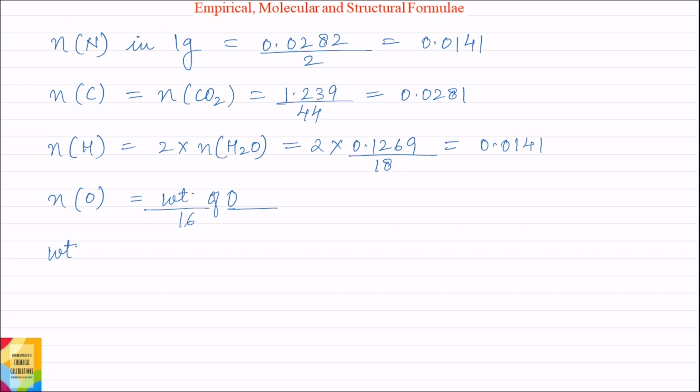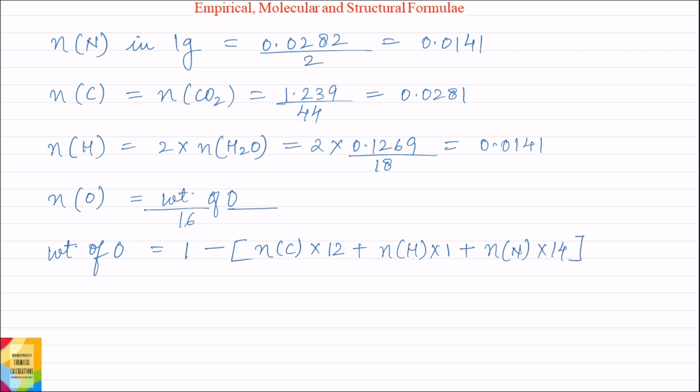Weight of oxygen will be equal to weight of the given compound, which is 1, minus weight of carbon, which is moles of carbon into atomic weight of carbon, 12, plus weight of hydrogen, which is moles of hydrogen into atomic weight of hydrogen, 1, plus weight of nitrogen, which is moles of nitrogen into atomic weight of nitrogen, 14.